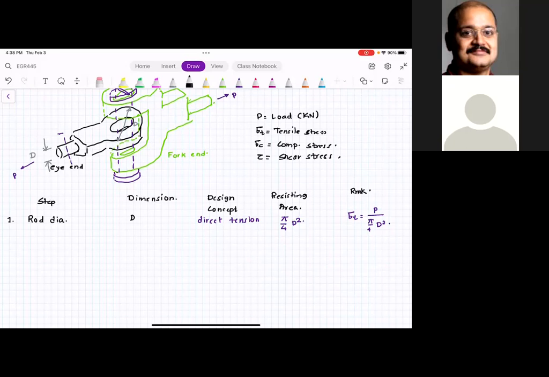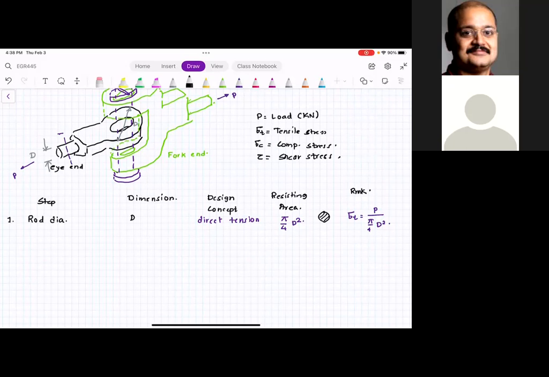So first and foremost, we are gonna look at the rod diameter, which is capital D. If you think about this failure, you are gonna have the resisting area, which is a circle.